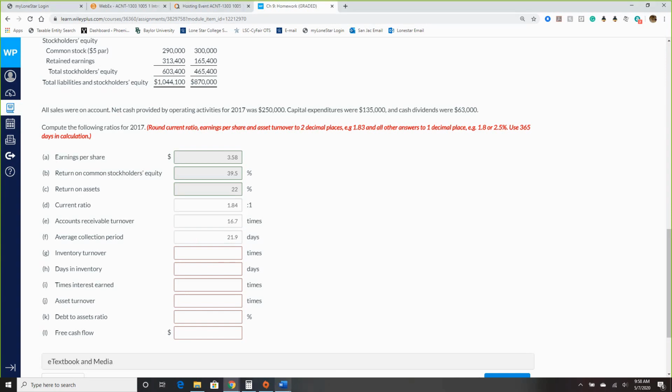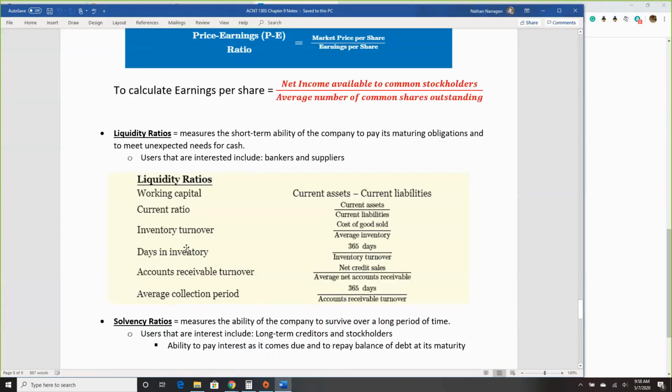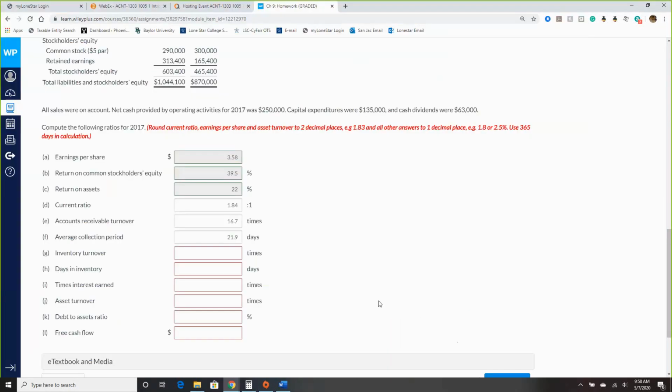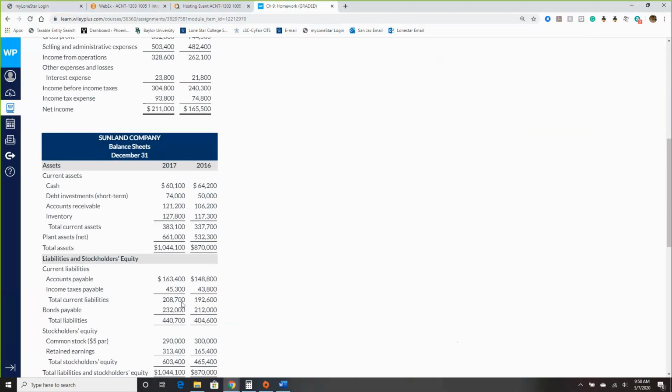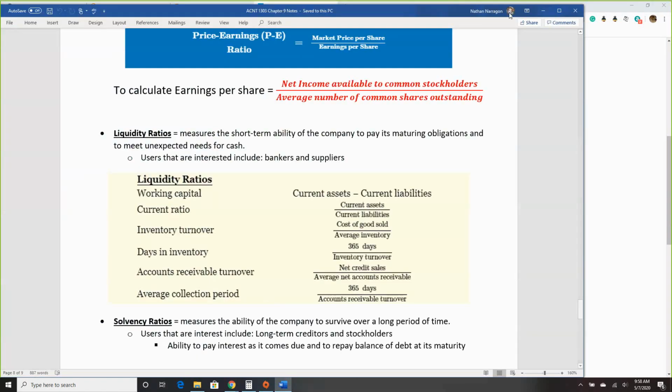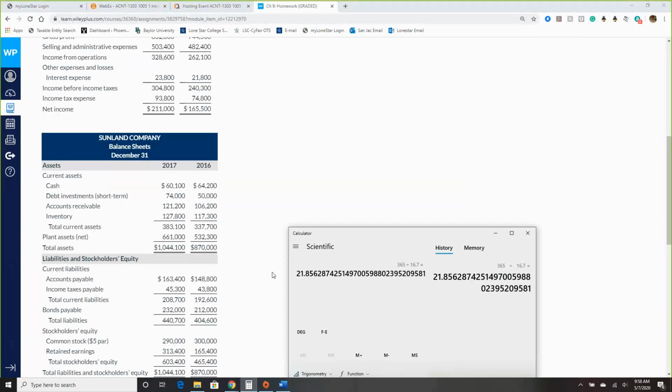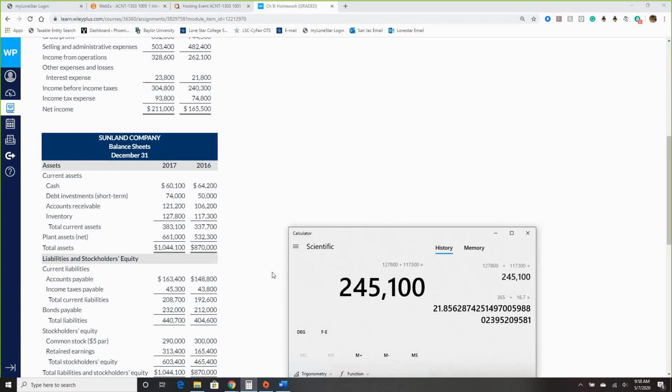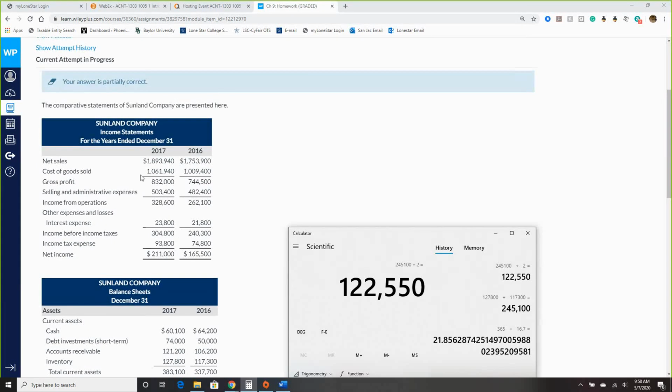Inventory turnover is cost of goods sold divided by average inventory. Again, we've got to find our average. 127,800 plus 117,300 divided by 2. There's our average inventory. Find our cost of goods sold: 1,061,940 divided by 550.